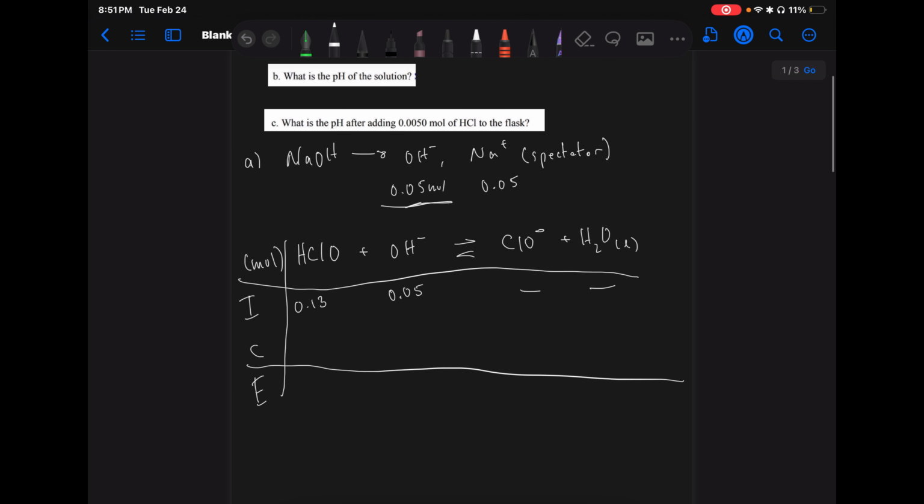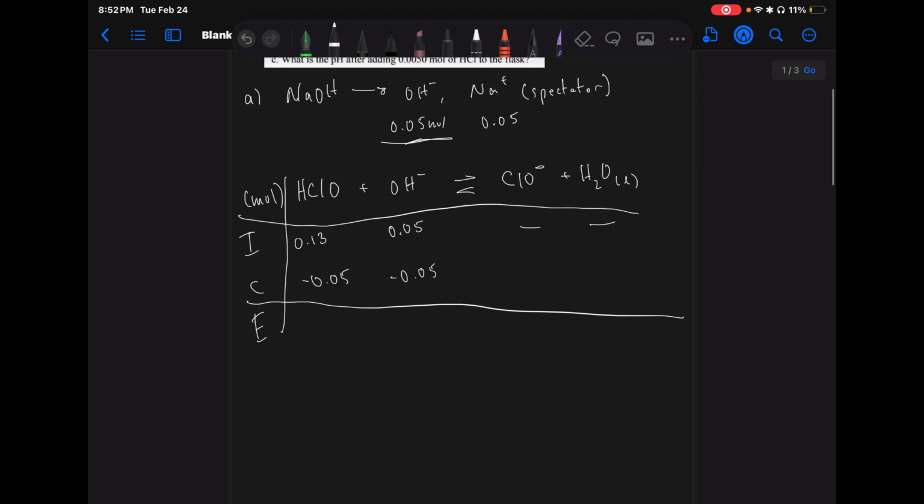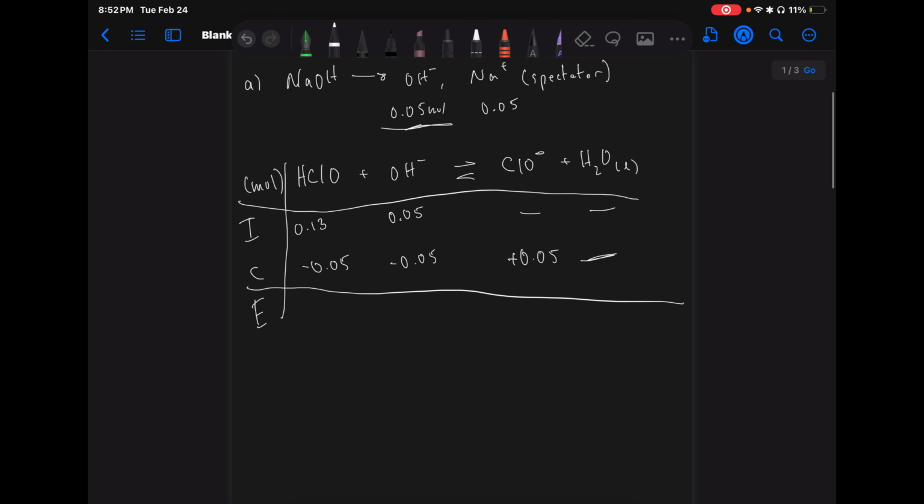Because the limiting reagent is hydroxide ions, this will be minus 0.05, minus 0.05, and plus 0.05, and we don't have to worry about the water. So what we're left with is 0.08 moles of HClO and 0.05 moles of ClO minus at equilibrium.